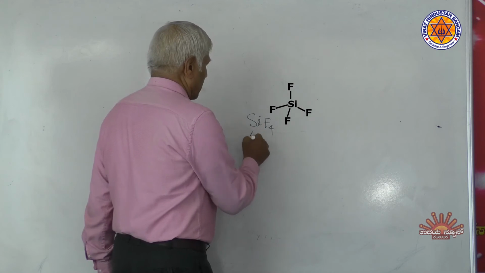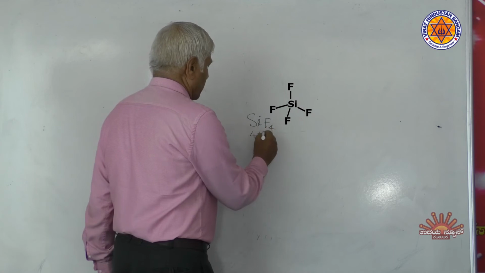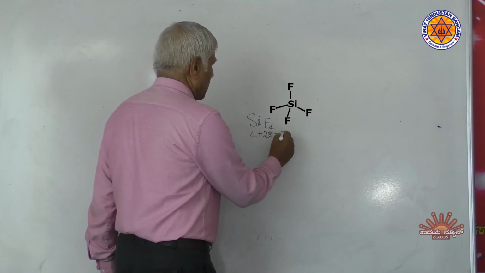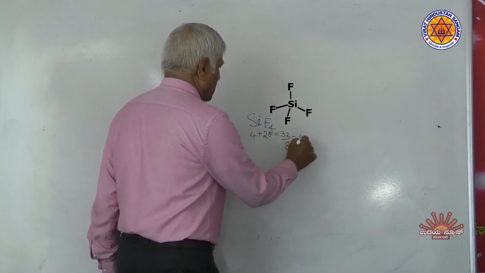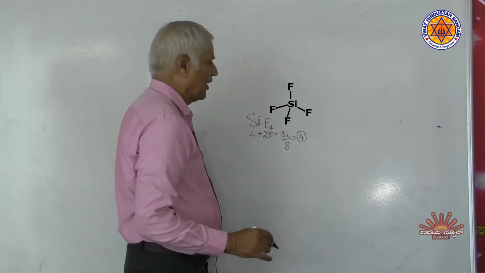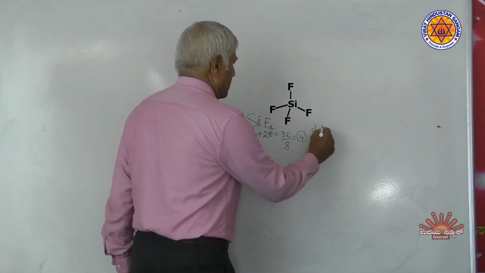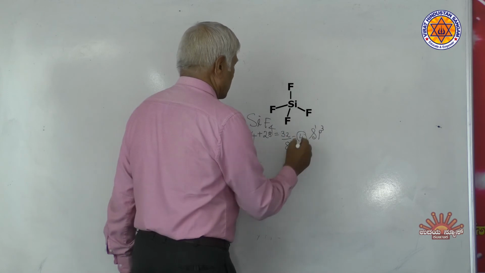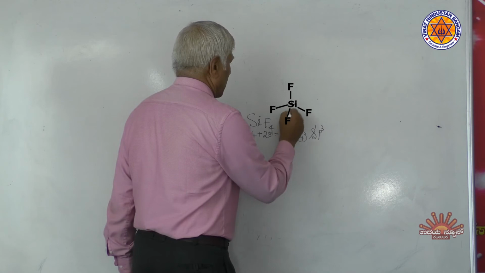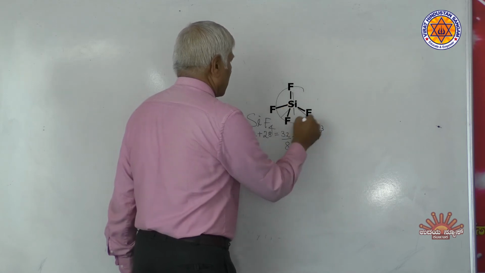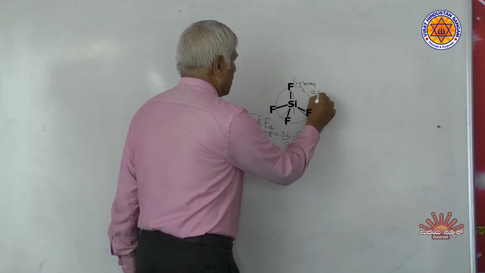Again, silicon, 4 valence electrons, halogen, 7 into 4 is 28, 28 plus 4 is 32, divided by 8, the quotient is 4. 4 orbitals means it is sp3 hybridization. sp3 means tetrahedral. So this is a tetrahedral molecule. All tetrahedral molecules are symmetric molecules. Their dipole moment is 0.